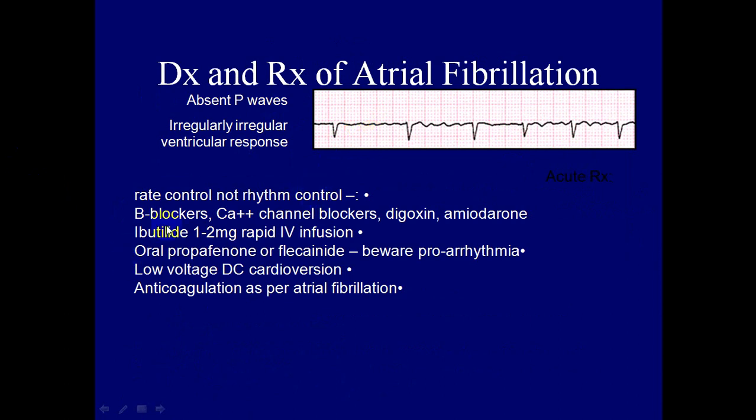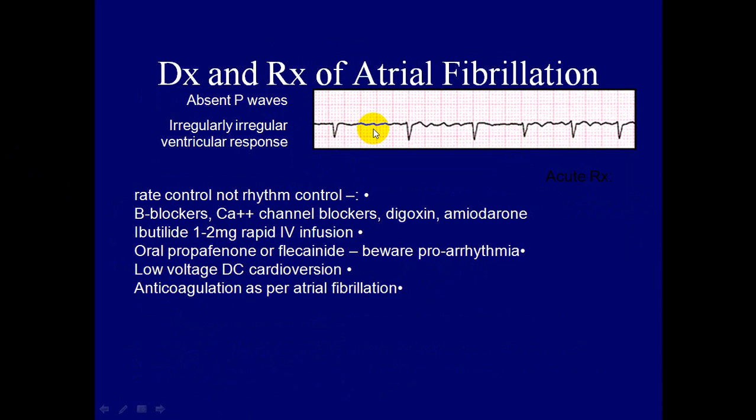Options are beta blocker, calcium channel blocker, digoxin, amiodarone, and class I anti-arrhythmic drugs. If we go IV, we can even give digoxin by rapid IV infusion. Orally, propafenone or flecainide, but beware of the pro-arrhythmic effect of these medications. Low voltage DC, sometimes high voltage.